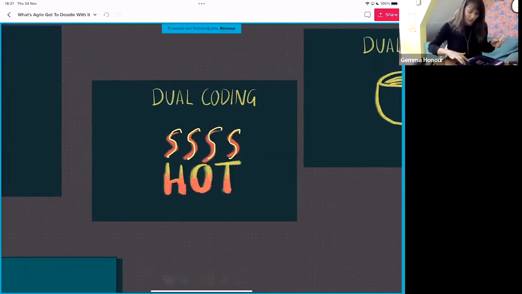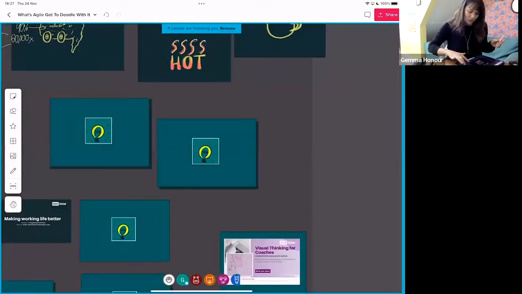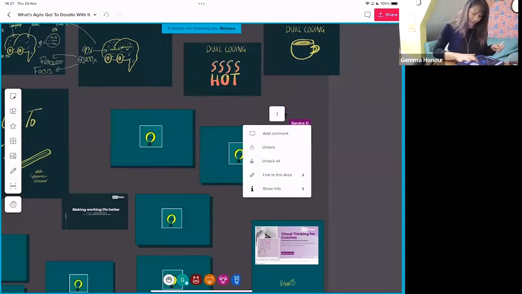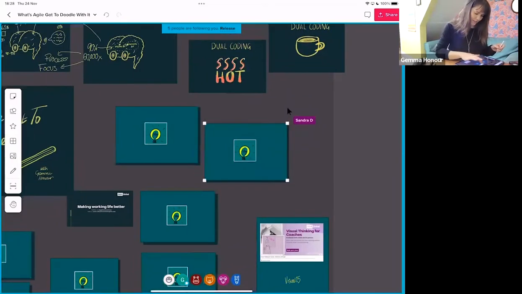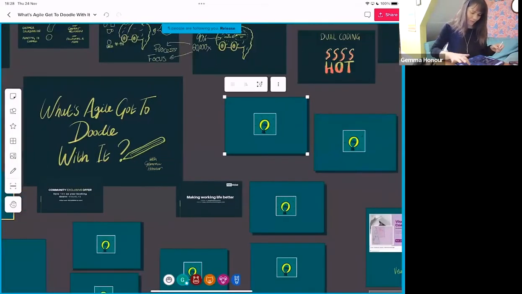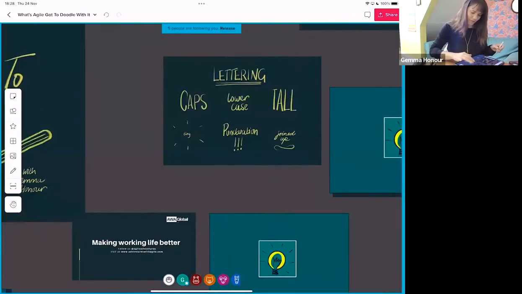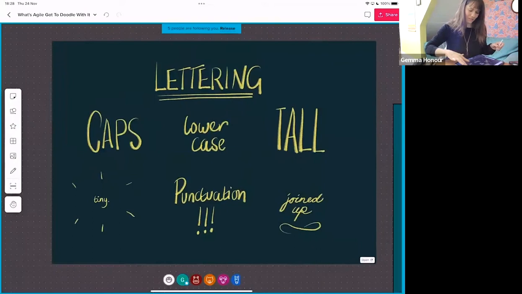So now I'm taking you through the basics, and I'm going to get you to start doing some dual coding for yourself. We are going to have a look at, first of all, how to use lettering to do dual coding. So here we've got all different types of lettering that we can use.